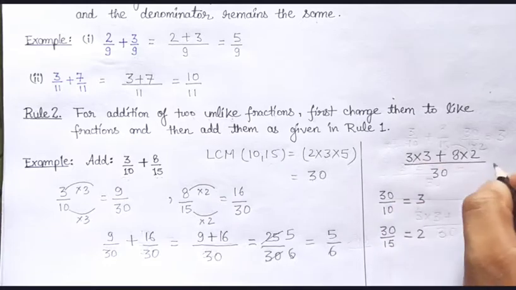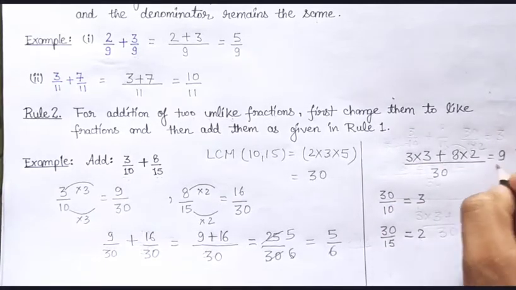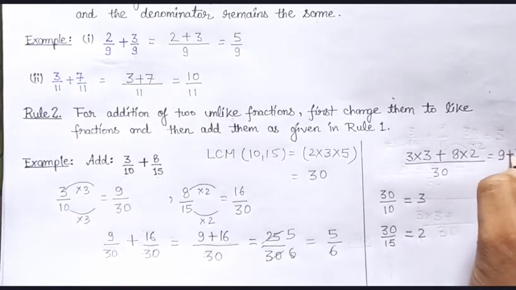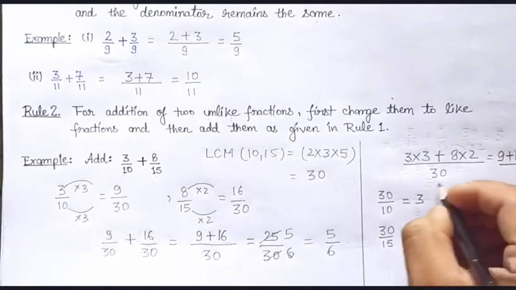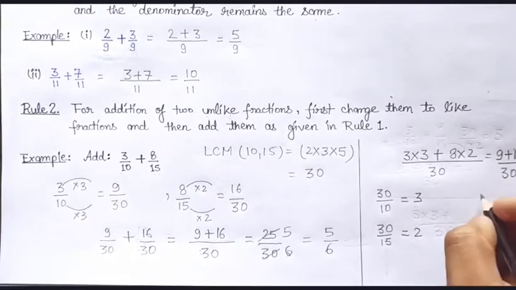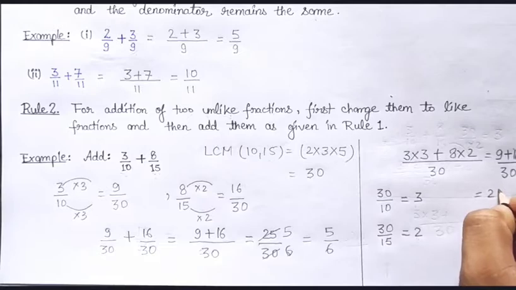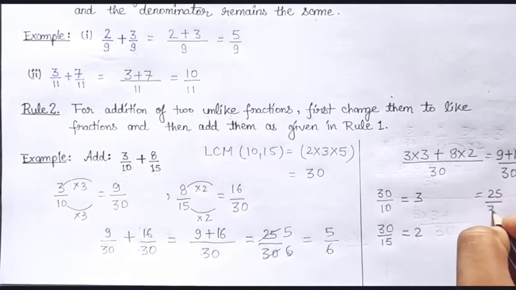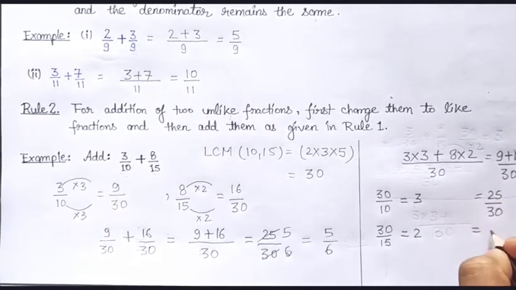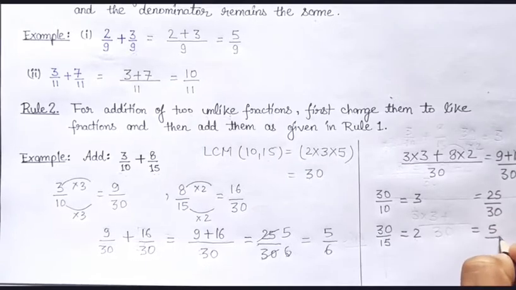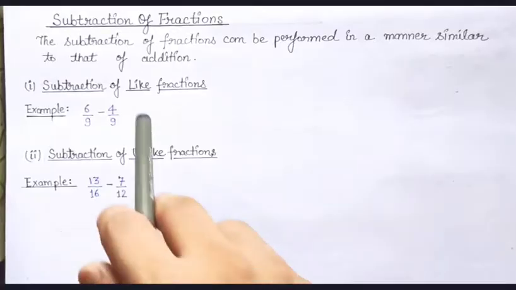So 3 into 3 comes out to be 9, and 8 into 2 comes out to be 16. So 9 plus 16 divided by 30 comes out to be 25 divided by 30, and it can be simplified again as 5 divided by 6.